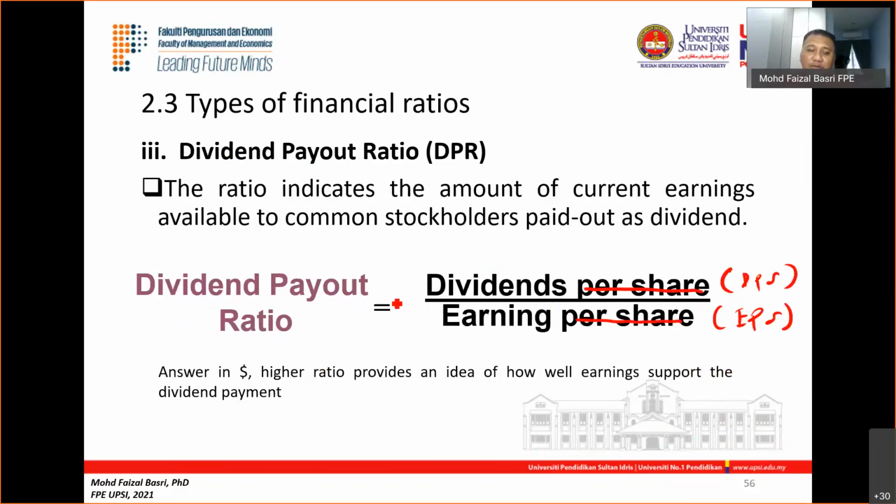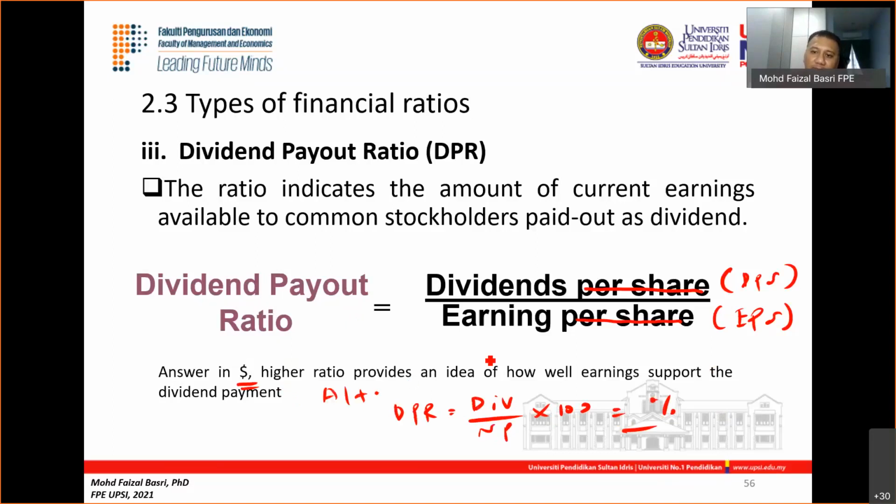So the dividend payout ratio can be measured in two ways. One in ringgit form, or DPR can also be measured by dividend divided by net profit. We can multiply by 100 to get it in percentage. This is the alternative version.